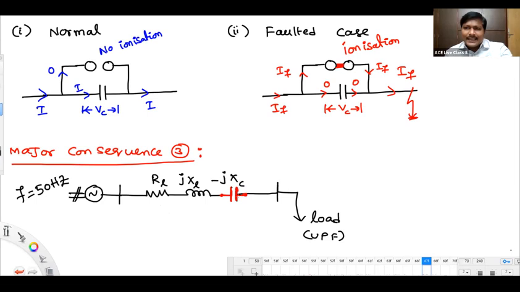We have DC transient as well as AC transient, both. Fundamental current will be there, the 50 hertz current. DC transient is there. There is another transient called AC transient, which will happen at a frequency of 1 by 2 pi root LC, so called the resonant frequency of this circuit.